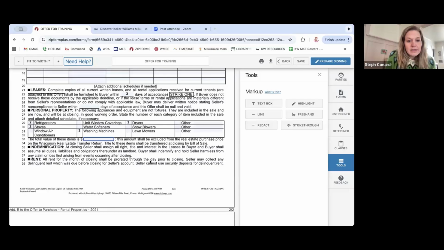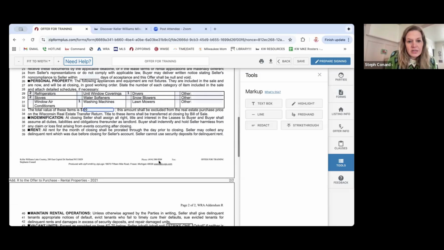The total value of these items is, usually I'm seeing this blank. If a lender pushes back and they want to make sure it reads 0, but often we're just seeing these items as included as part of the purchase price.